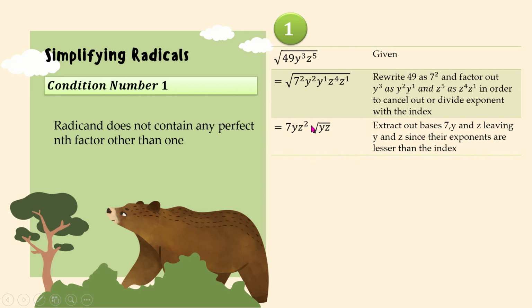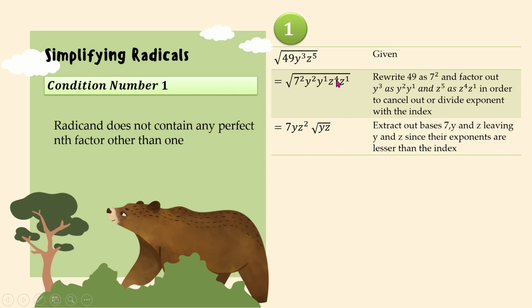So, the next step is to extract out bases 7, y, and z, leaving y and z gihapon since their exponents are lesser than the index. Pasabutan na. So, ang exponent sa 7, divisible sa index 2, gawas ang 7. Ang y square, 2 divided by 2 sa index, gawas ang y.